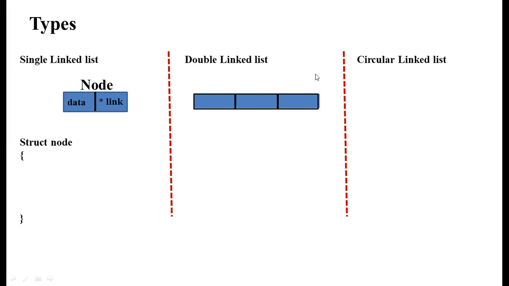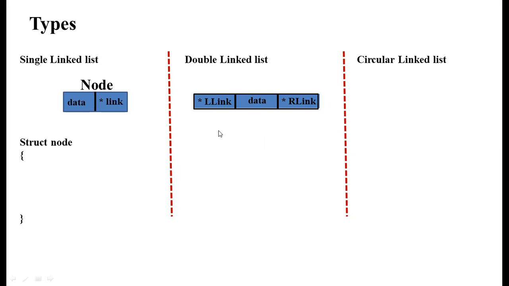Here, this is the data field, this is the right link and this is the left link, L link, R link. And these two are of pointer type. You can see clearly here we have written pointer, because they hold the address, not the data. So this is a double linked list.